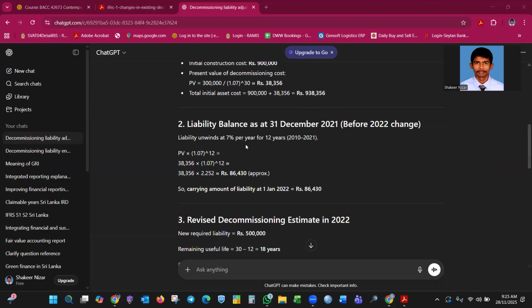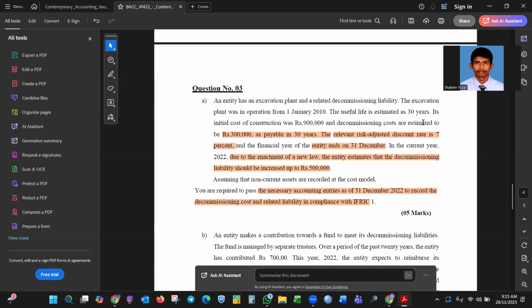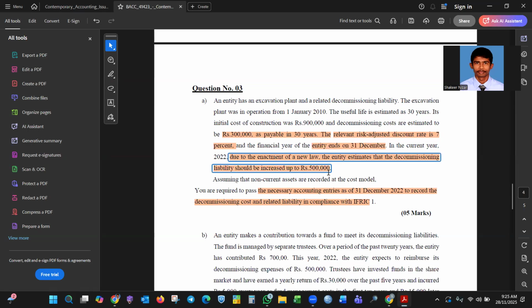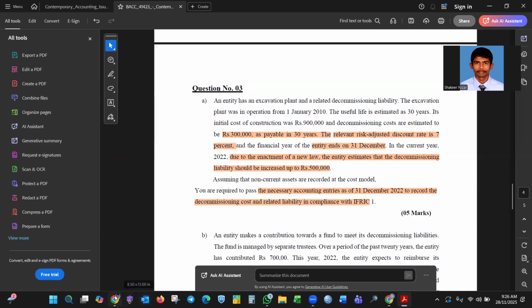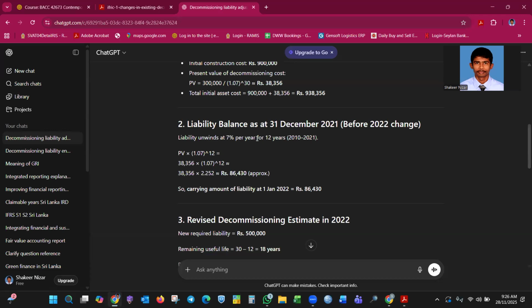Liability balance at 2021. Decommissioning liability, risk adjusted 7%, the change due to the enactment. A liability balance as at 31st December 2021 before the change. Because here the liability unwinds at 7% for 12 years.